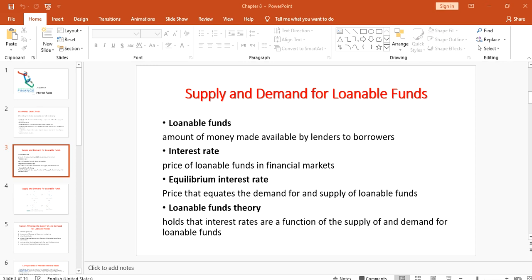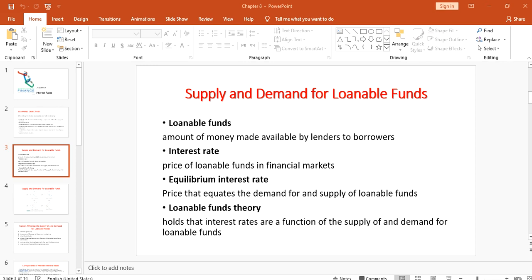There is a theory which is supporting this idea called loanable funds theory. This theory holds that the rate of interest is a function of supply and demand for loanable funds.